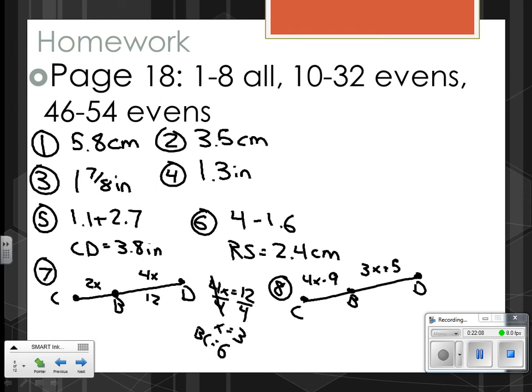And CD, the whole thing is, how long? 17. How can I set this up? What do we say is true about part plus part? Equals the whole. So I'm going to set up my algebra equation. Part plus part equals whole. So 4x minus 9 plus 3x plus 5 equals the 17.